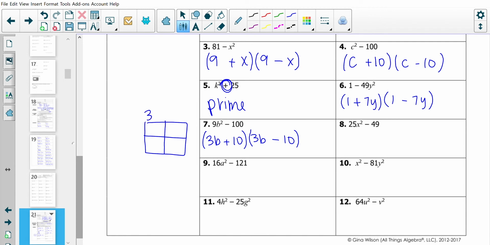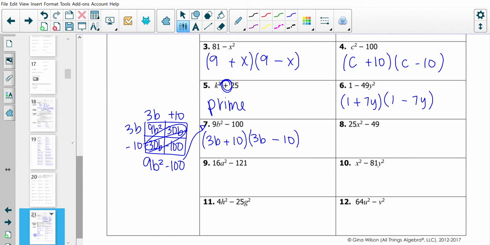So you have 3b plus 10, 3b minus 10. This would give me 9b squared, 30b, negative 30b, negative 100. Okay, those middle ones cancel out. I end up with 9b squared minus 100. Is it the same? Yes, it is.